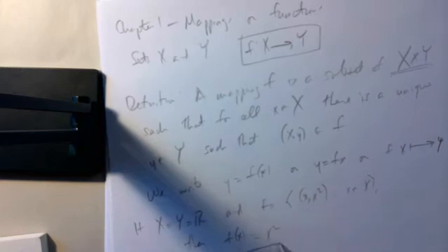This set of ordered pairs is the function F of X equals X squared. Right. So this is just generalizing a little bit the notion, or the definition, of a function.